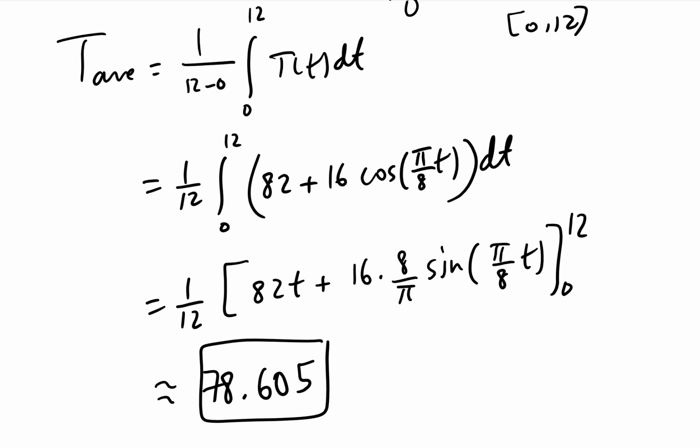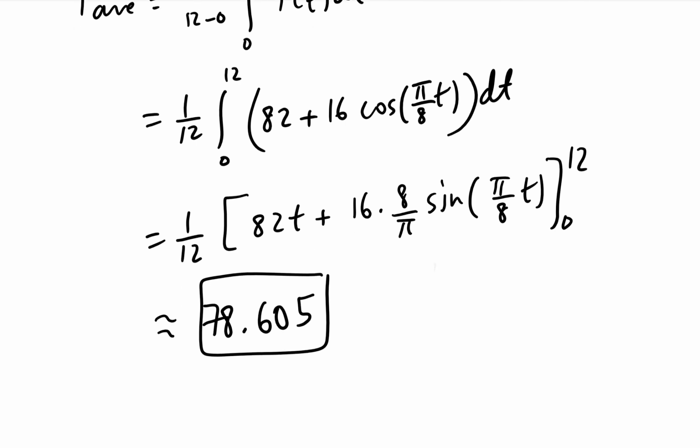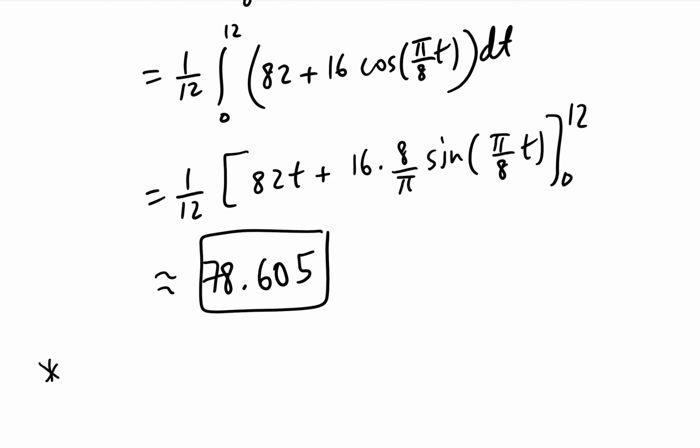Now, one last thing I want to talk about, if you remember how when I started I said I'll show you graphically what it means. Now you know how to calculate it, but what does it mean on the graph?